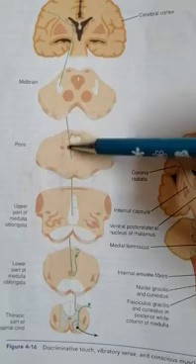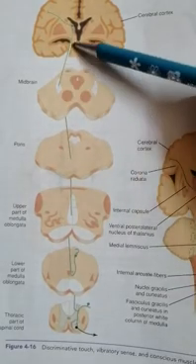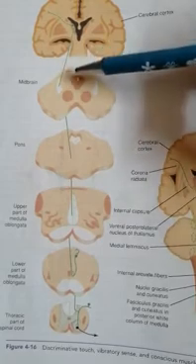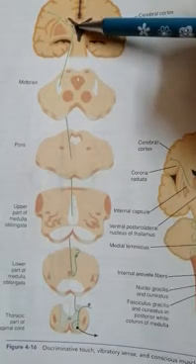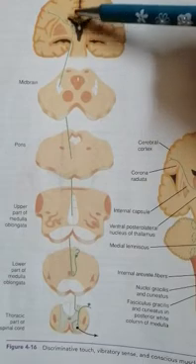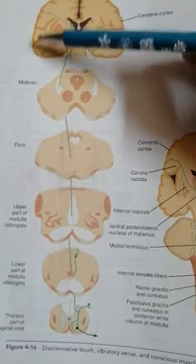At that level, these fibers cross towards the opposite side and then they continue on that side, and after that continuation, they go to relay at the third order neuron, which will synapse in the thalamus, and then it is going to pass to the internal capsule and ultimately terminate in the cortex.